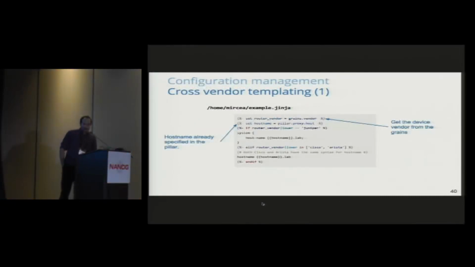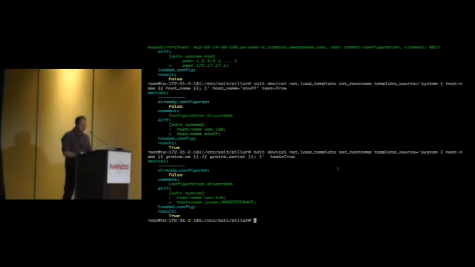Using those grains, you can identify the vendor of the device you are running against. And this is how we can define cross-templating, cross-vendor templating. I will copy-paste this example.